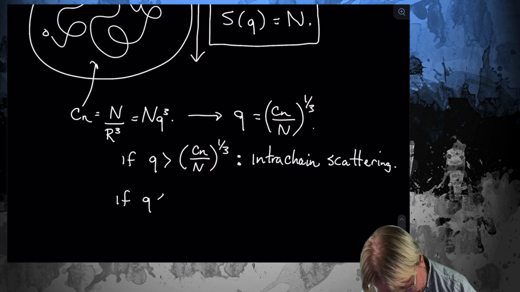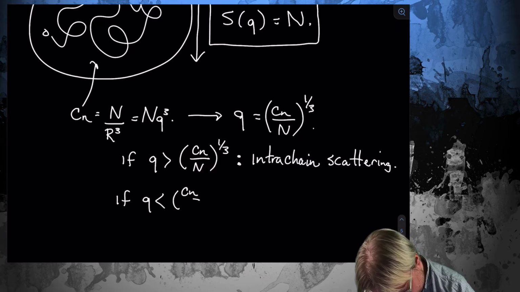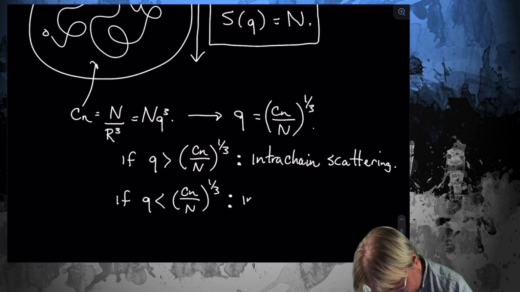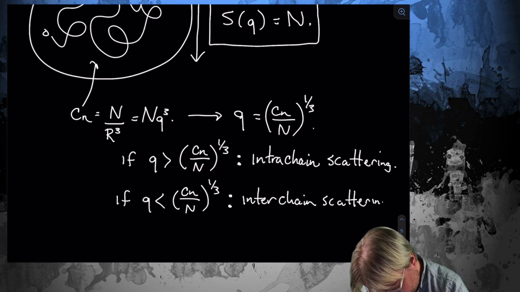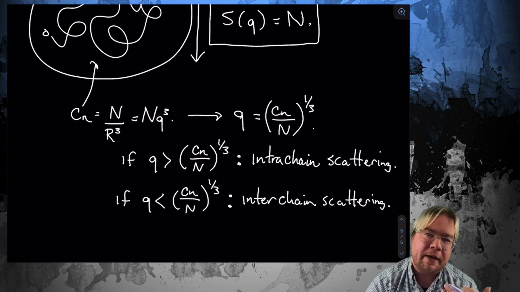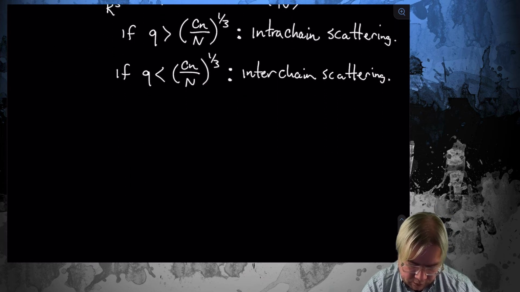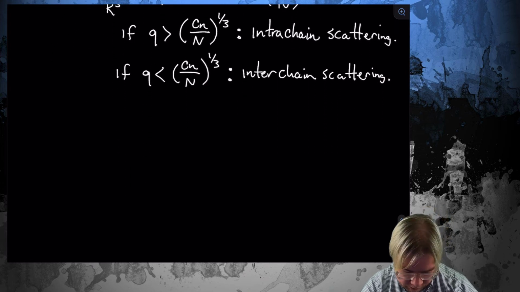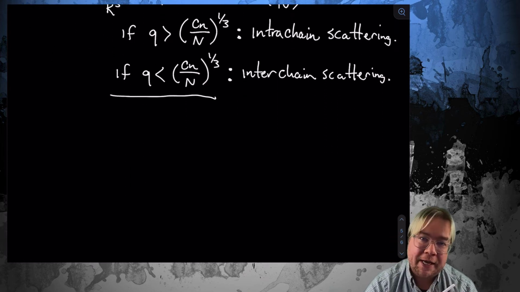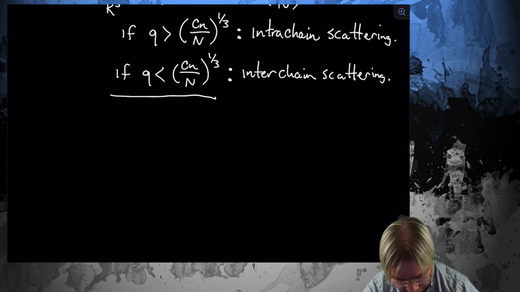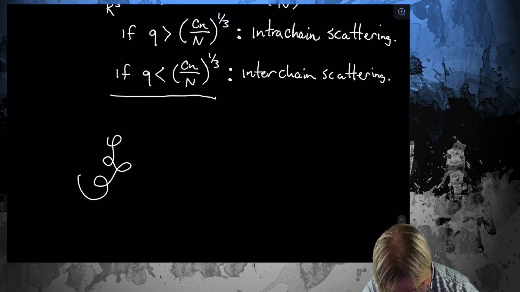And if Q is less than this value, I'm going to see interchain scattering, at least when Q becomes small enough. So in terms of a physical picture, when Q is less than this concentration divided by N, then here's one big polymer chain.